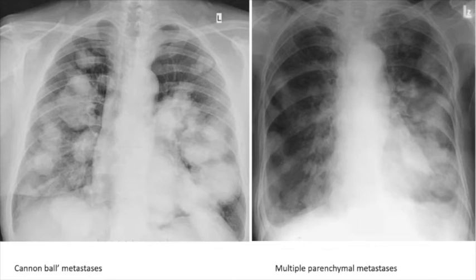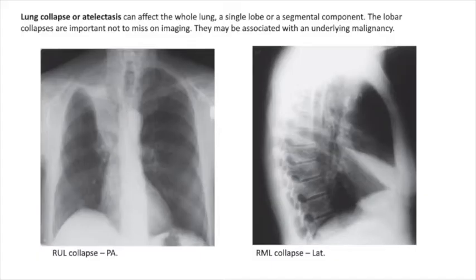Another example of opacification is the cannonball metastasis sign. You can see there are multiple nodules and masses in both lungs, quite big. We commonly call this cannonball metastasis. Then another example of more metastasis on your right side. So it's very important to know this kind of thing.